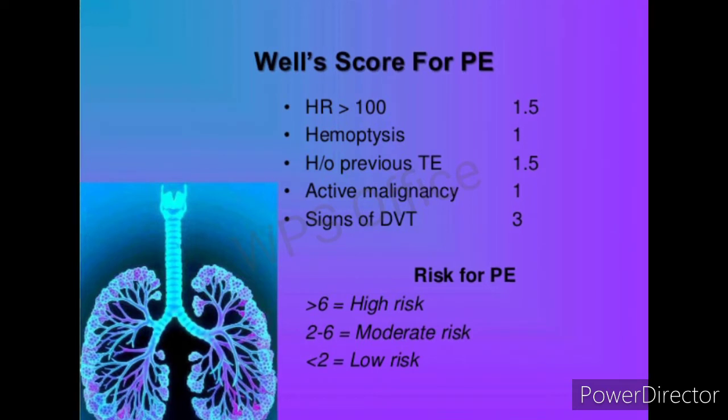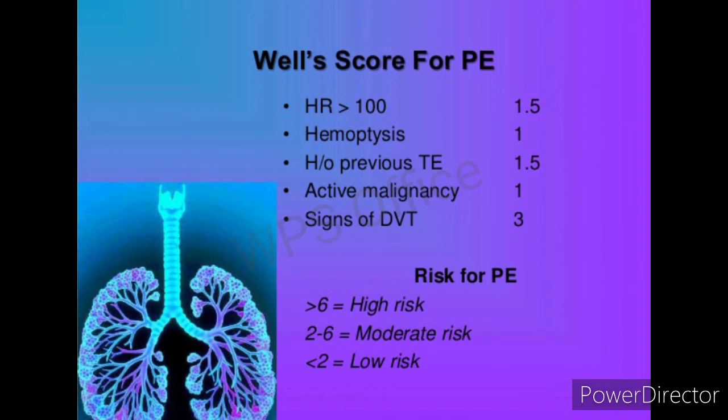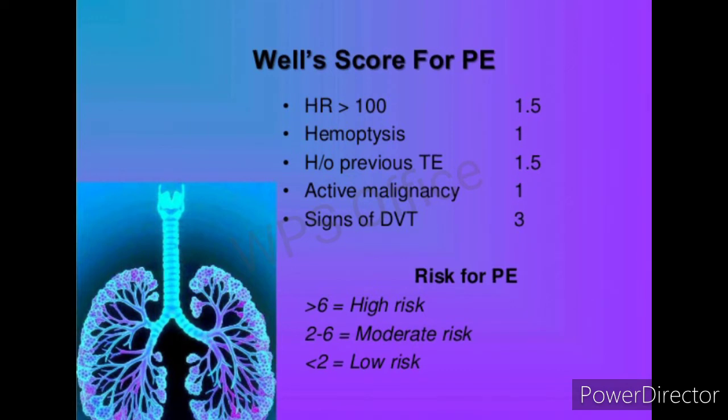Then with the help of the ultrasound, it will be used to review the heart chambers and the heart valves. If the patient has a previous history of this test, then the score is 1.5.